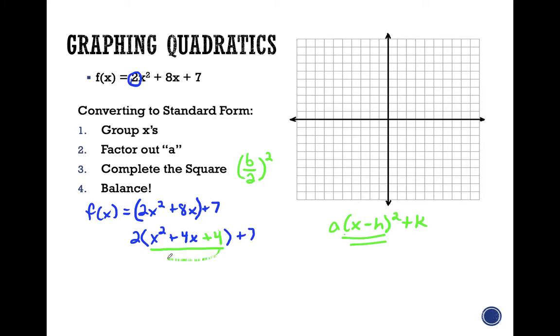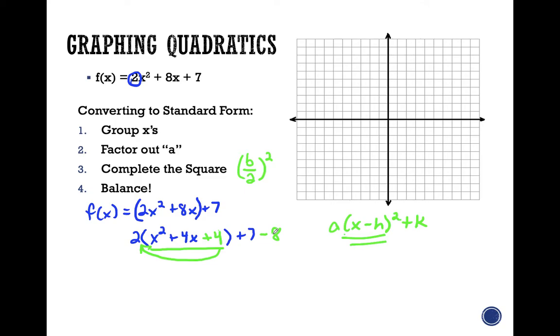I actually added 4 times 2. So when we balance, I have to factor in what I factored out. 4 times 2 is 8. What I really added into this equation was an 8. So I need to balance that by subtracting 8. I need the opposite, or inverse, operation. That's how I keep this equation balanced.